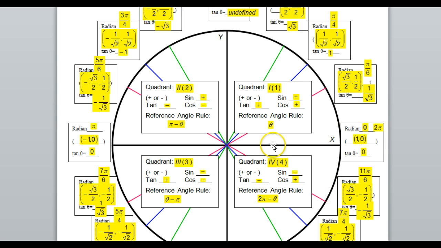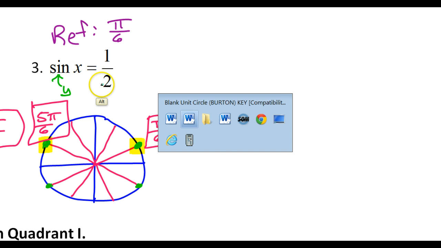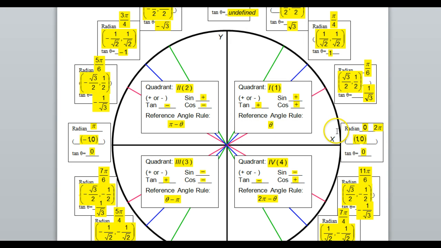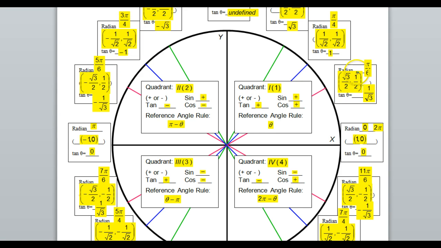So if you're given one of these and you're taking a quiz or something, a question like this is almost trivial because we're being asked the sine of what angle is 1/2. Okay, so the sine is a y value. So we can just look for the places where the y value is 1/2. So for example, you see 1/2 is right here. Okay, so that's pi over 6.